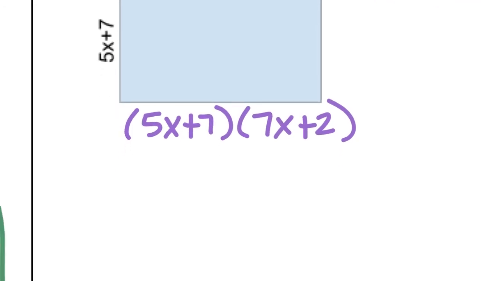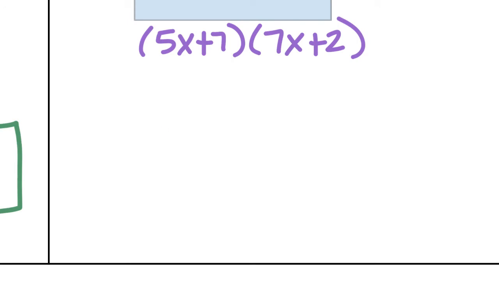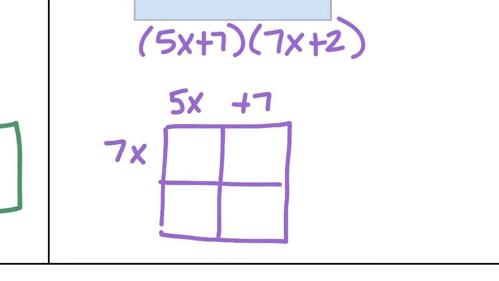So you can do the box method again. This time it's going to be a 2 by 2 box. Okay, so first polynomial across the top and second polynomial down the side. So we're going to multiply corresponding row and column.